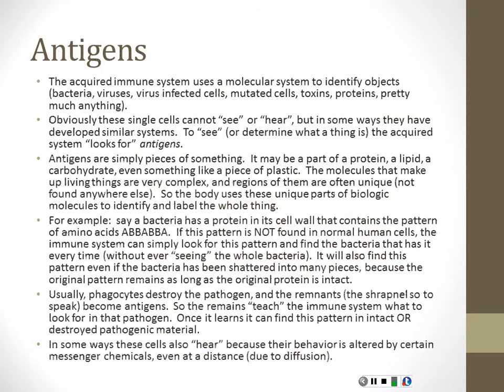I know it's sort of a, oh, here's my slide. I like to use this analogy right here, and maybe it's silly, but it works for me. These cells can't see or hear, but in some ways what we need them to do requires them to have some senses. How is it going to tell that this is a bacteria and not a normal epithelial cell? Well, it has to have some way of sensing that.